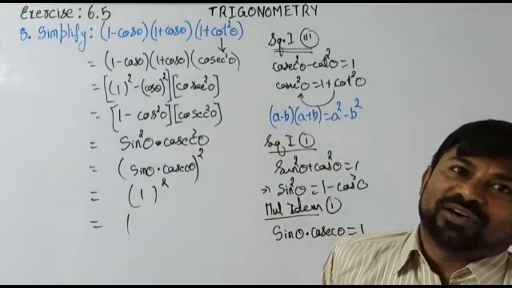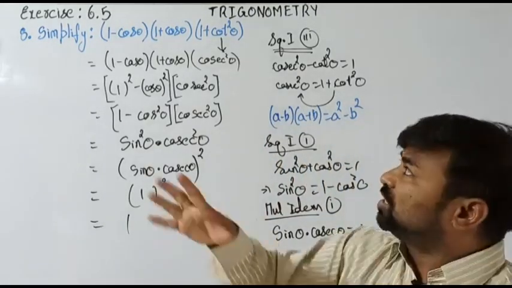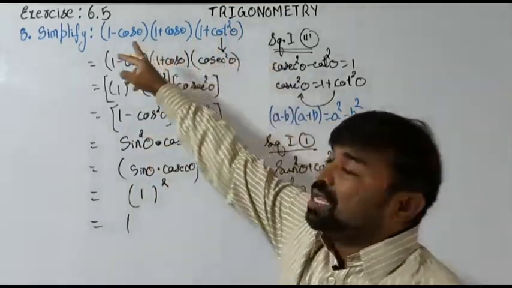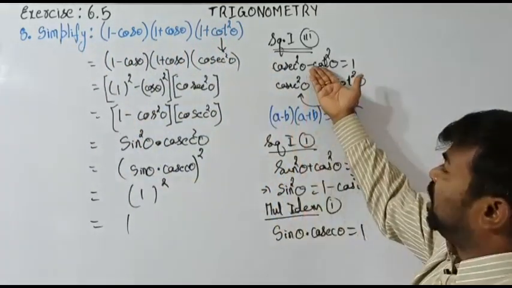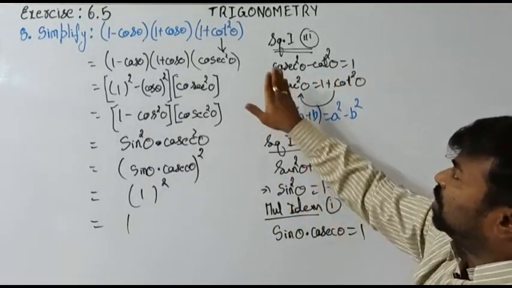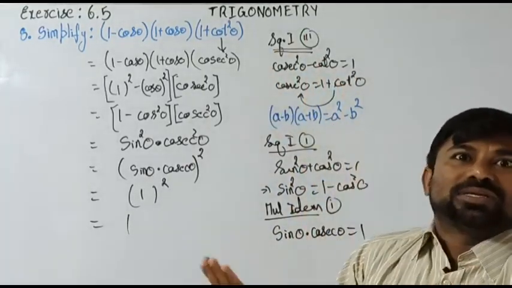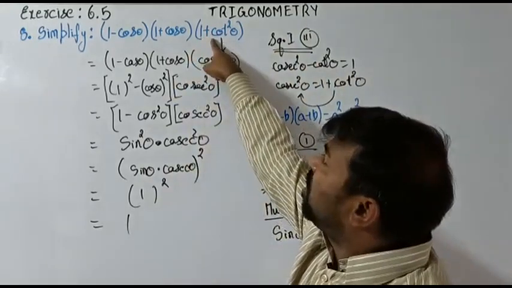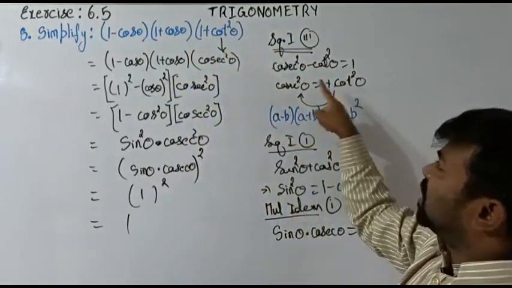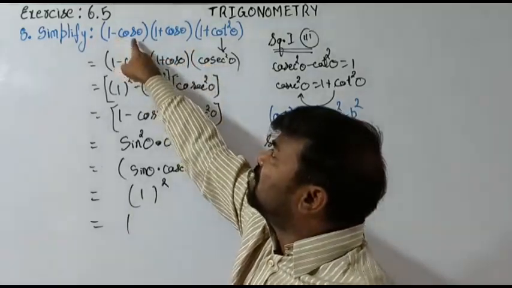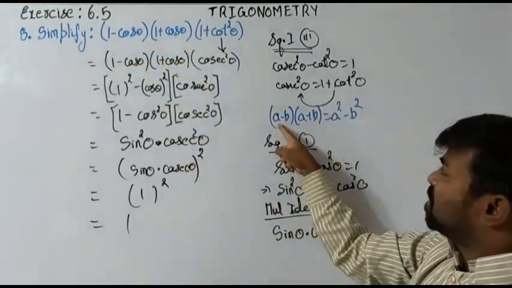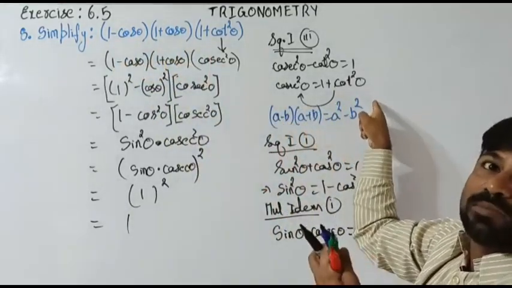So we have simplified. Just a trick. He's asking us to simplify, to make it as small as possible. Square identities are the ones which convert trigonometry into numbers, because numbers are the smallest. Now, we had 1 plus cot square, which we converted to cosecant square, and it was in the form of a minus b into a plus b, which means a square minus b square.